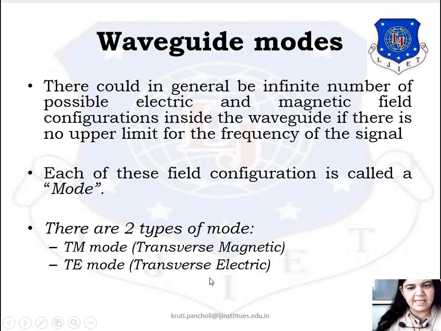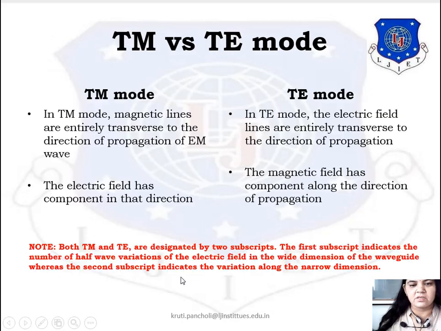Which component is absent in the direction of propagation? If we consider the direction of propagation to be the Z direction, in the TM mode, the HZ component is 0 and EZ is not 0. In the TE mode, transverse electric mode, the EZ component is 0 and HZ is not 0.